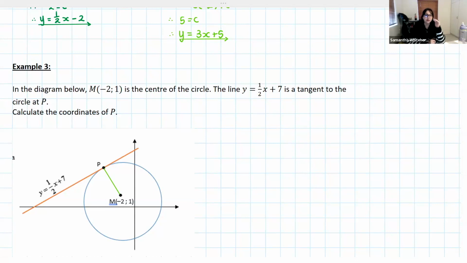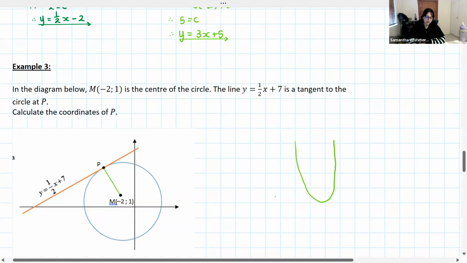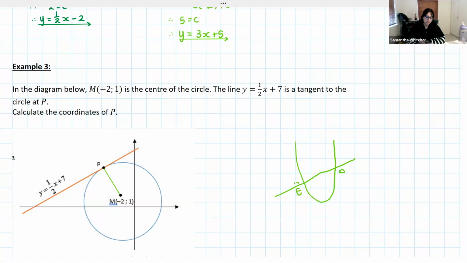Go back to your functions knowledge. Let's say, for example, I gave you something like this, and I asked you what is special about points D and E. What would you tell me those points are?